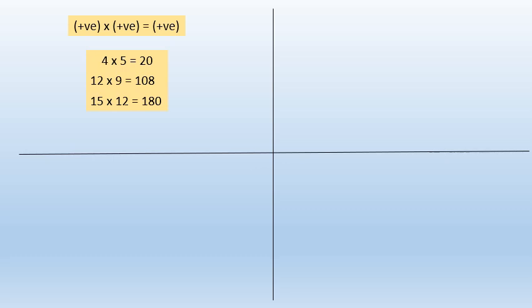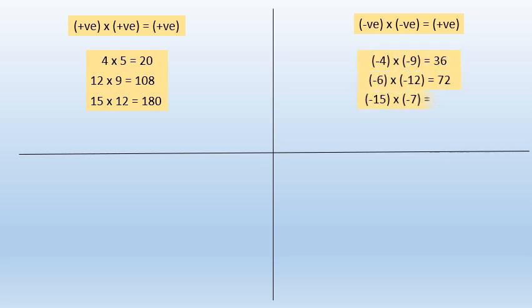Now we'll look when a negative integer is multiplied by a negative integer. The answer is also positive. These are a few examples. Now we'll look what answer you get when you multiply a positive integer with a negative integer. The answer you have is a negative answer.